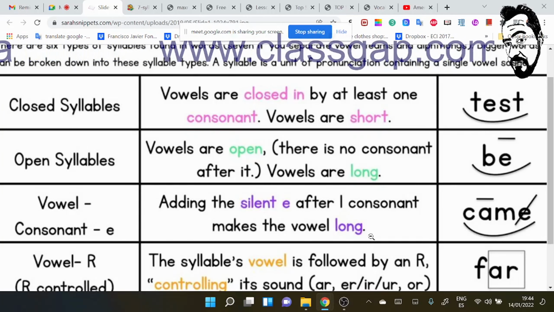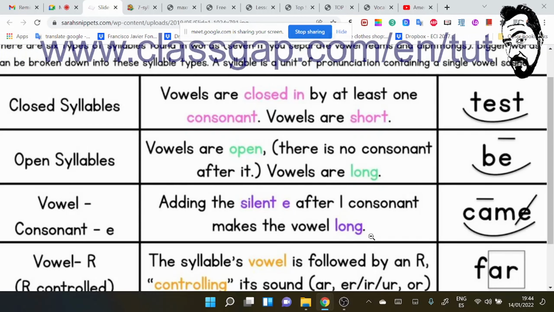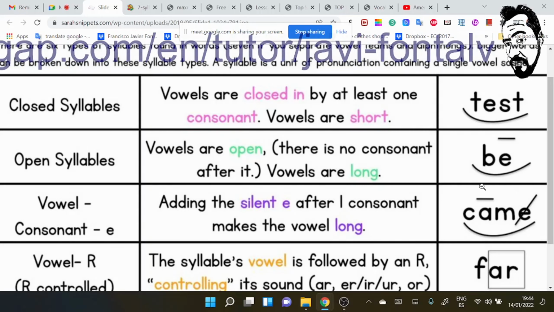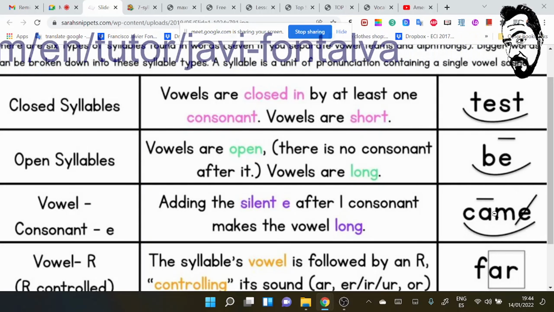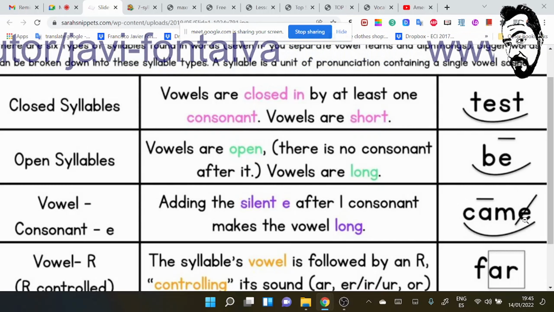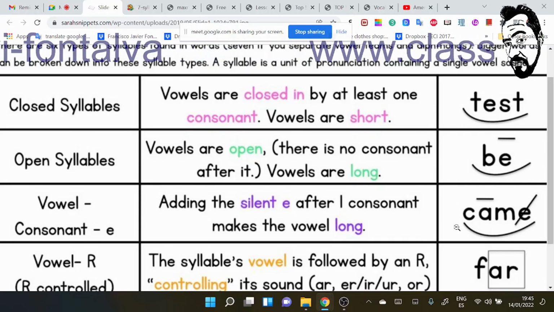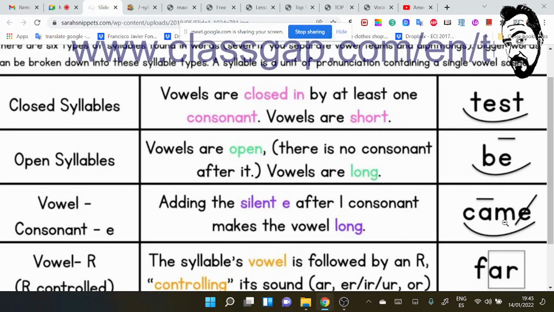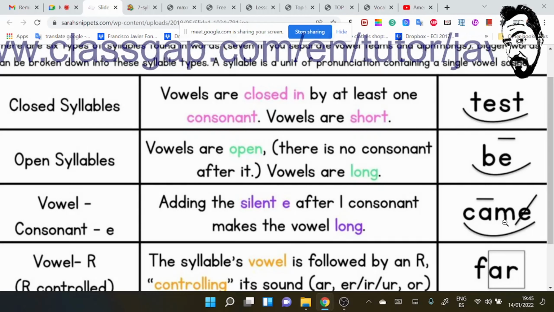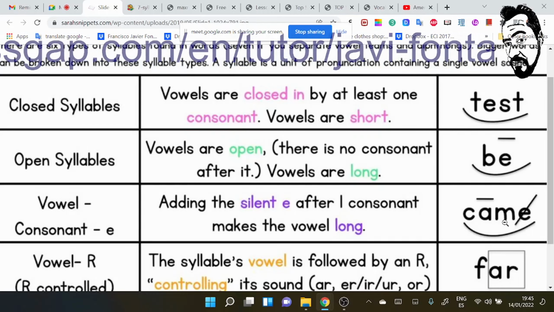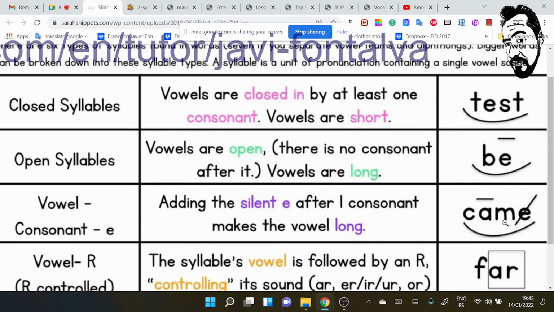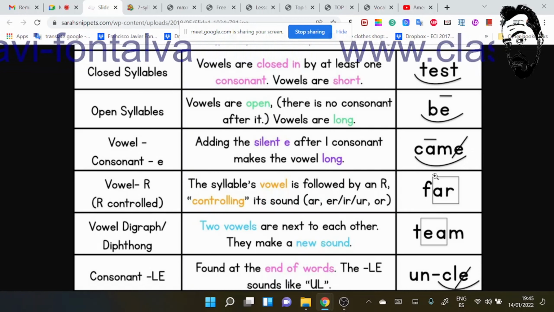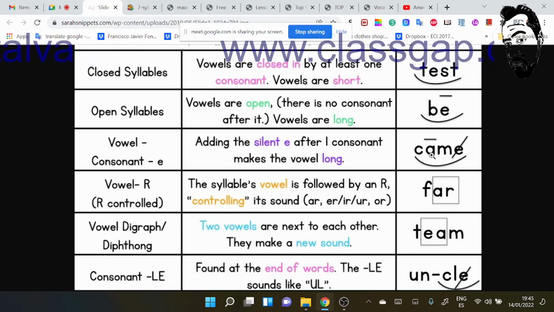So you're usually gonna have a vowel, one consonant or two consonants, and then the final E or silent E. So for example here, the A is gonna be pronounced long because of this silent E. So we don't say come or kame, we say came. Okay. You could have one consonant or two consonants between these two vowels, okay? It doesn't matter. The important thing is you have an E at the end, and this is gonna change the sound of the vowel you have before, okay?